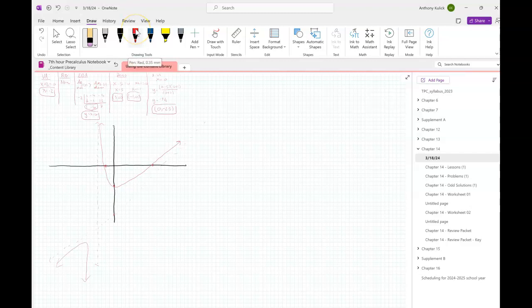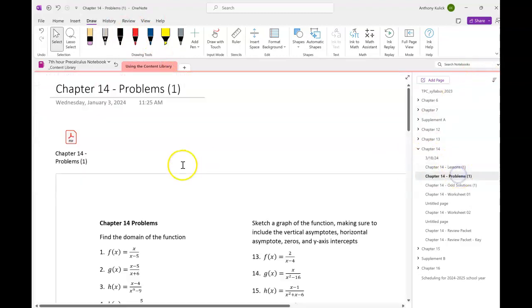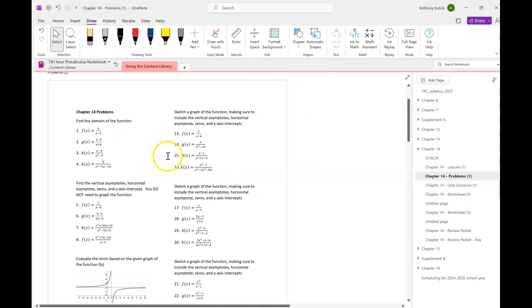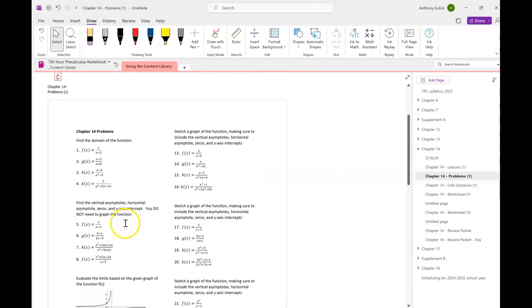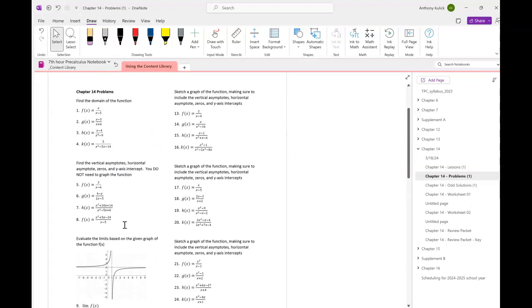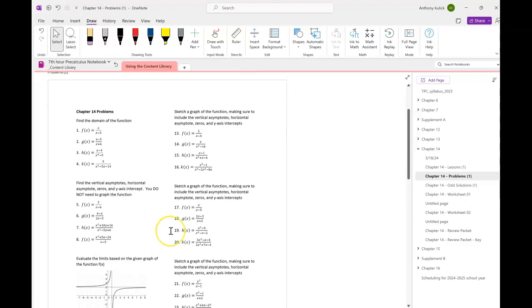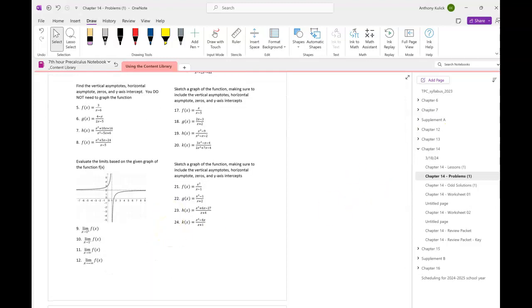Is everybody okay with how I did that? Time for you guys to do some practice. Let's look here. You guys should be able to do 1 through 8, and then 13 to 24.